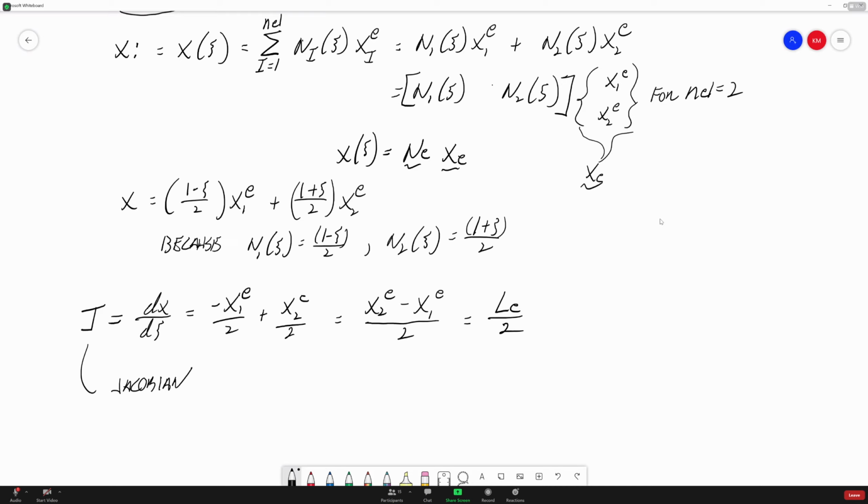I'm sorry, Tuesday. Depends on how far we get on Tuesday. Either Tuesday or next Thursday, we'll see it, and actually we'll see this Jacobian pop up in the full matrix form.